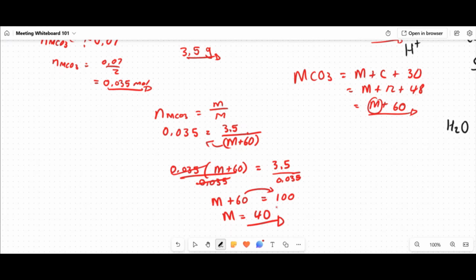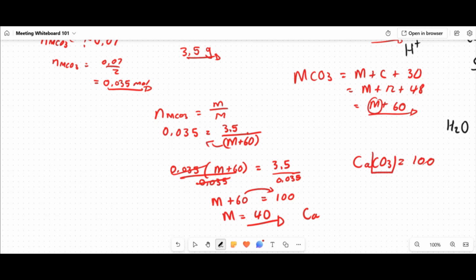That is metal M. Now you are going to the periodic table to look for which element has a molar mass of 40. For me, I'm very sure that it's calcium, Ca, because I know that calcium carbonate has a molar mass equal to 100.